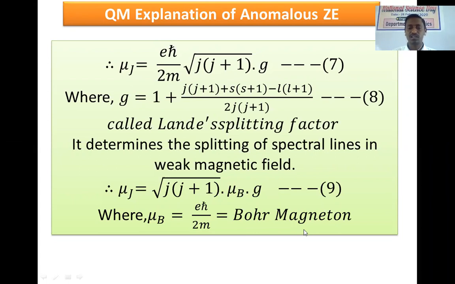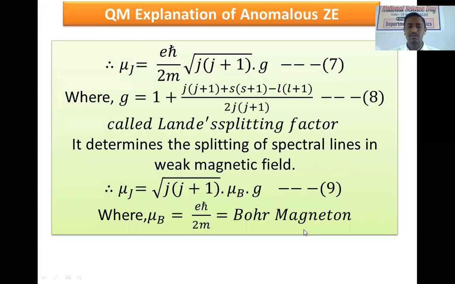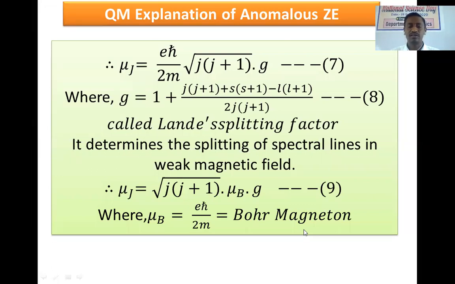Though its orbital magnetic moment or spin magnetic moment, it can be measured in the units of Bohr magneton. That means we can say that for a particular atom, it is 5 Bohr magneton, 6 Bohr magneton, or so on. It is measured in the units of Bohr magneton.